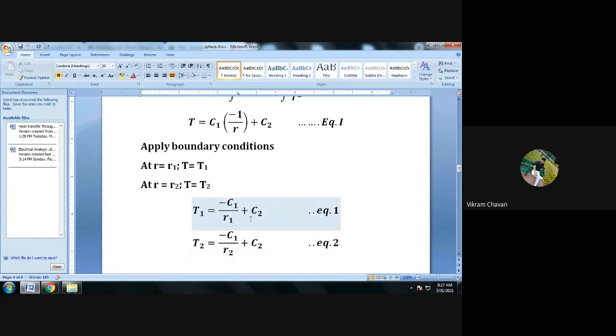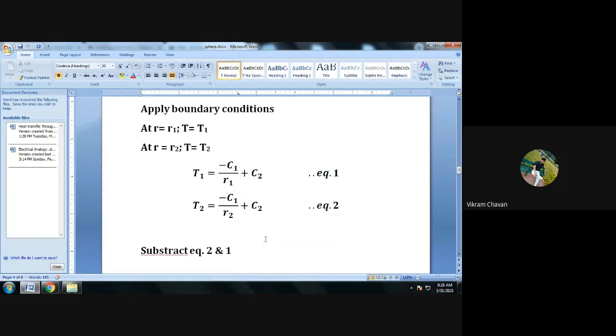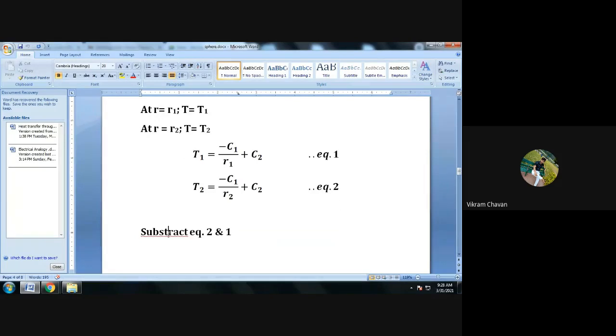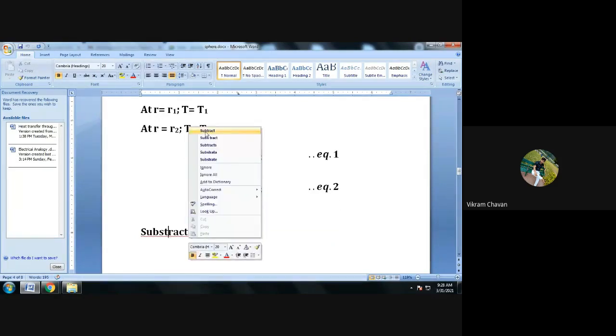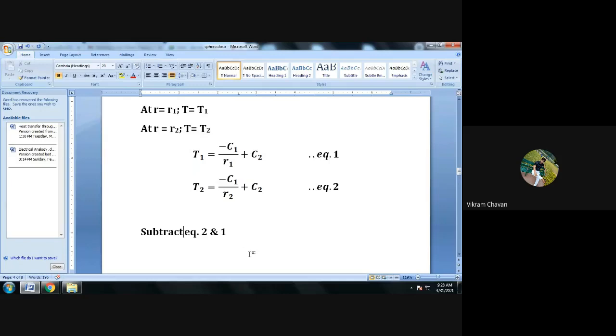So after subtraction of equation 1 from equation 2, the C2 constant can be eliminated, and only the C1 constant will remain. So we are going to perform one mathematical operation: subtract equation 2 and 1.